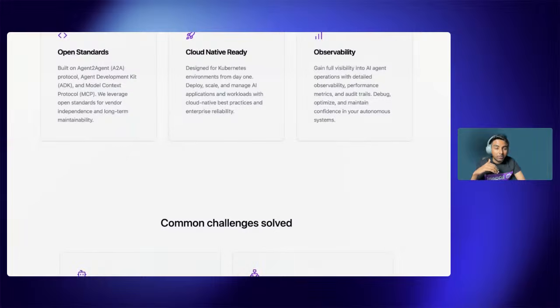So once you get observability into what your AI agents are doing, you get to see lots of things. You have control over the agents acting inside your Kubernetes environment or clusters.